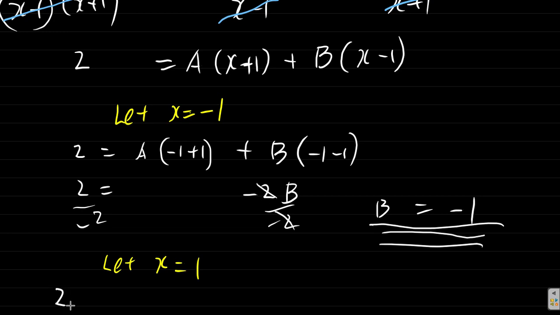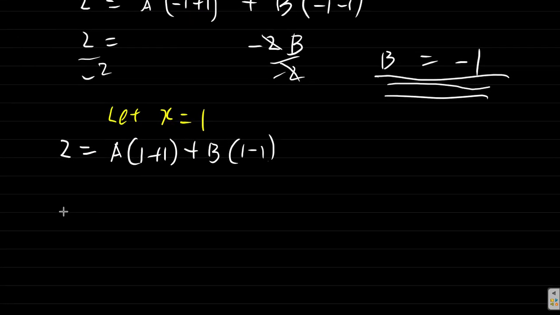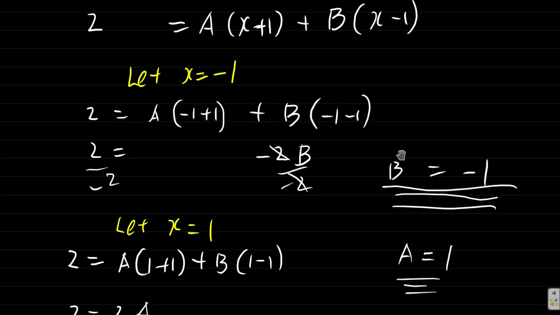So what you have is 2 equal a times x is 1, so 1 plus 1, plus b times x is 1, so it's 1 minus 1. See that? So 2 equal 2a. So a is 1. So in this case, a is going to be 1. Alright? So we have a and b.